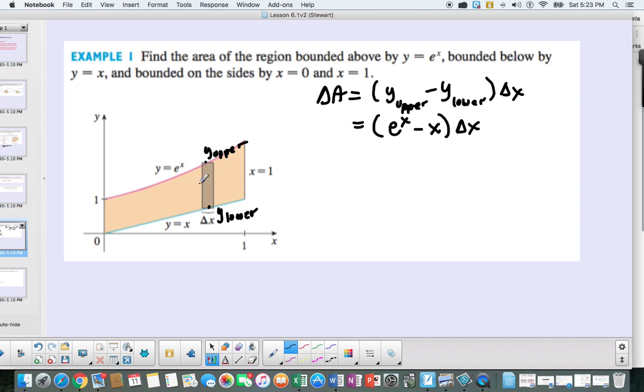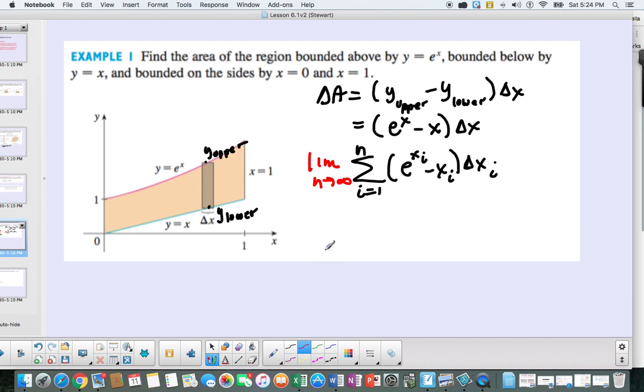Now what I'd like to do is add up all these rectangles, and so that means I'm going to have a summation, i equals 1 to n, and I'm going to have my i representation for each rectangle. And to have the best accuracy, of course, is to take the limit as n approaches infinity. And that will give me my exact area.